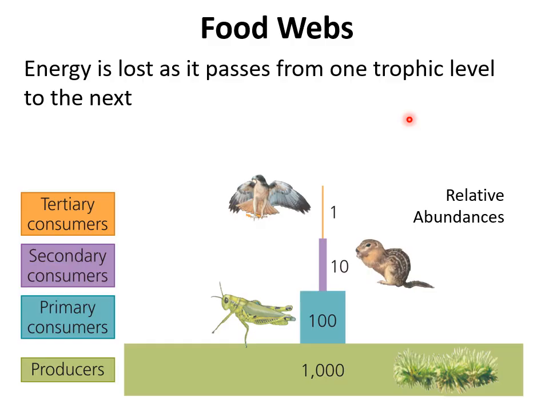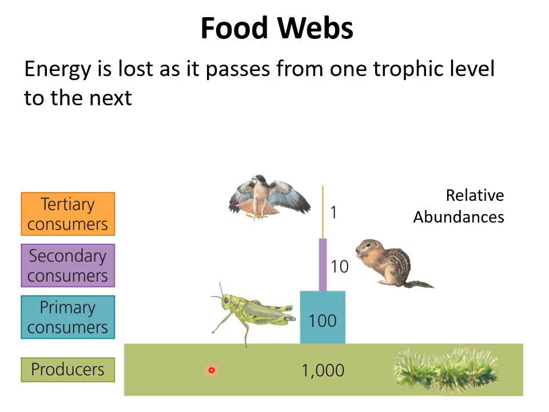So what happens is that this leads to less abundance of individuals in populations at higher trophic levels. There's less energy available to support large numbers. A hawk has to eat a lot more in order to survive and get energy, so fewer hawks exist than mice. So what's important to remember, and these bars are showing the relative abundance.